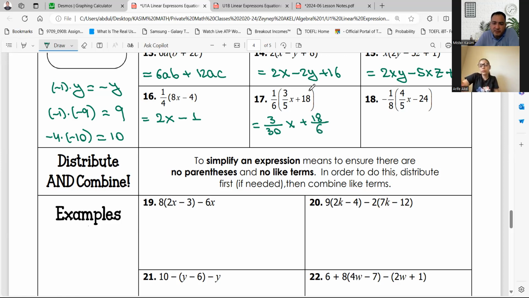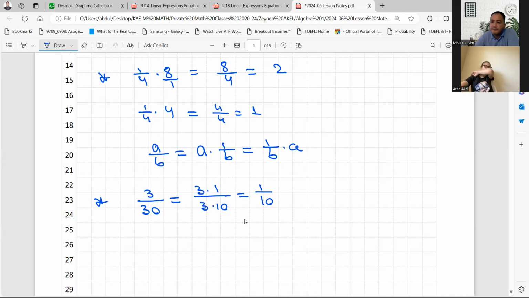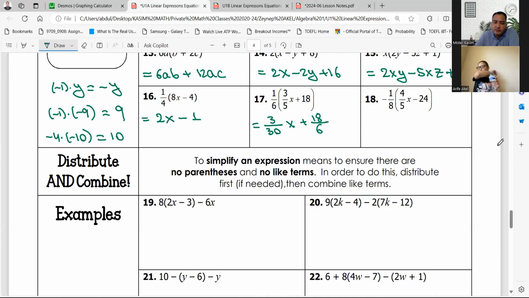3 over 30. Can you simplify 3 over 30, Zeynep? 1 over 10, right? Yes. So 3 over 30, because 3 we can write as 3 times 1, and 30 is 3 times 10. So that's equal to 1 over 10, right? Good. I need a bit more space.